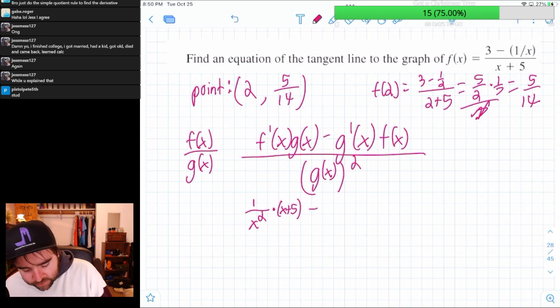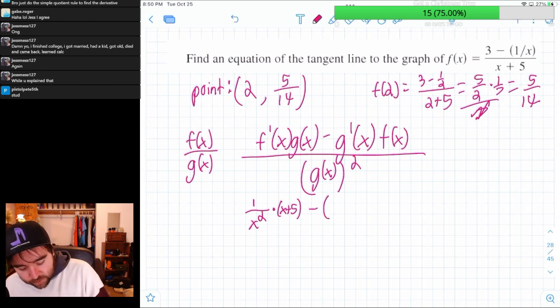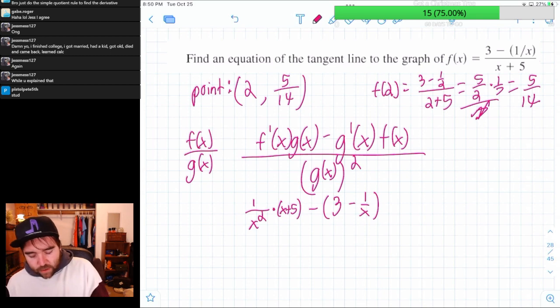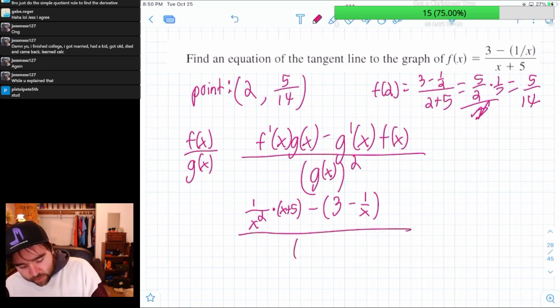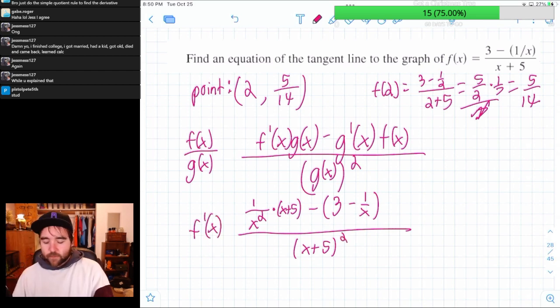And then minus the derivative of the bottom, which is very conveniently just 1, times the top function, so times 3 minus 1 over x. And then all of that is going to be over the bottom function squared. So that's the derivative here.